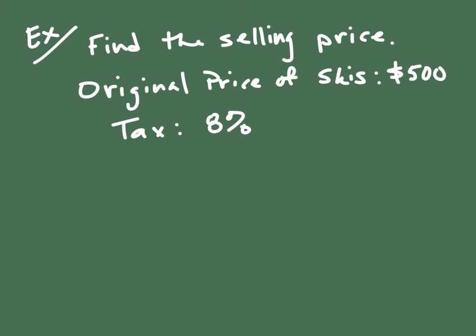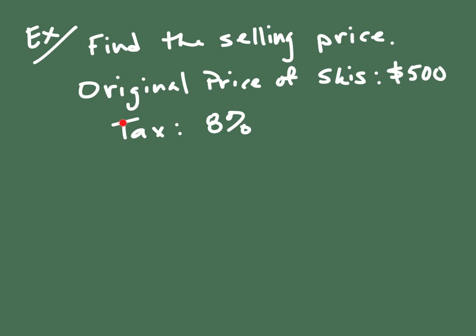All right, so an example of this would be to find the selling price. The original price of skis is $500, and the tax rate is 8%. So if you walk into a store and you see that the price of skis is $500, it's not going to cost you $500. It's going to cost you a little bit more because you have to pay 8% tax.